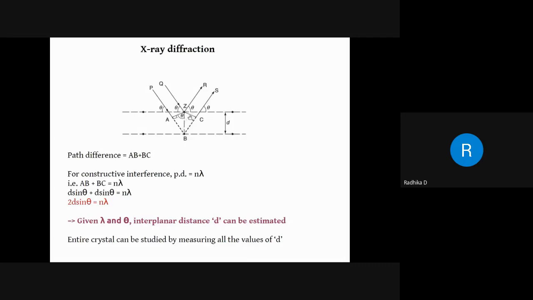So if I do sine theta here, I again get opposite side BC divided by hypotenuse BZ. Sine theta is equal to BC by BZ. Again, you know what is BZ? BZ is equal to D. Or BC, you will get it as D sine theta. You will very easily get it. It's very simple. So BC is also D sine theta, another D sine theta.